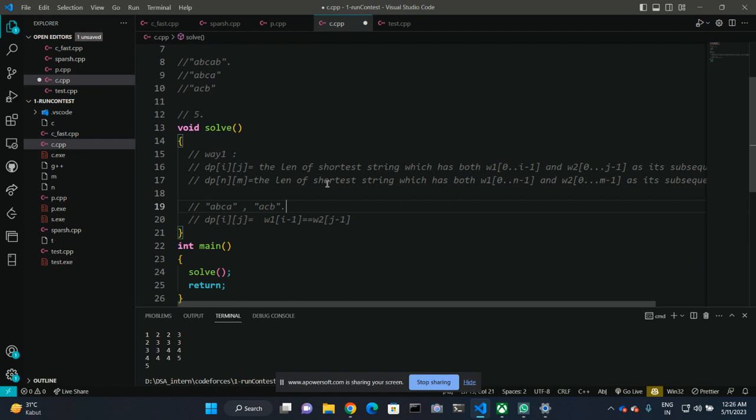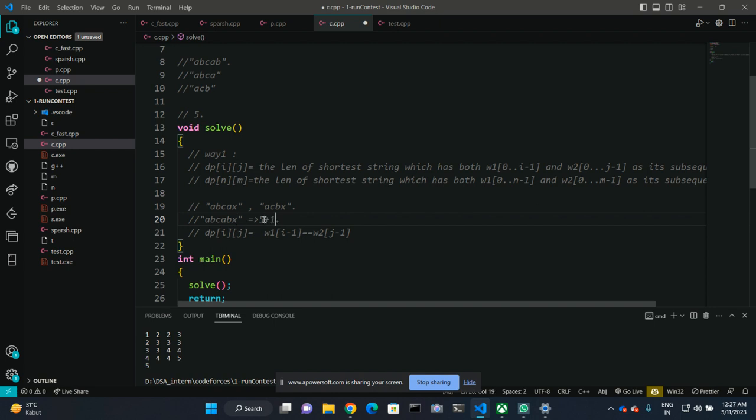Let us suppose its shortest string which has ABCA and ACB as subsequences. Suppose I'm adding another character to these two strings, an equal character X. Our answer will depend upon the previous i-1 characters and previous j-1 characters, because this additional character will contribute by adding an X character here.